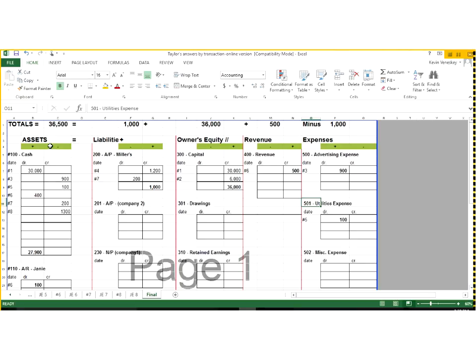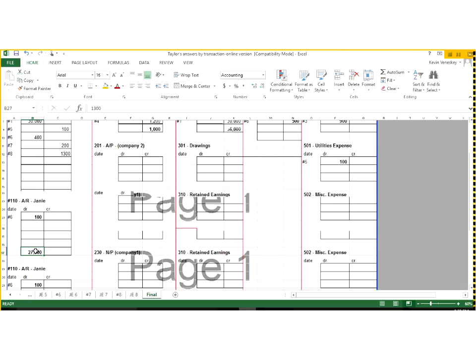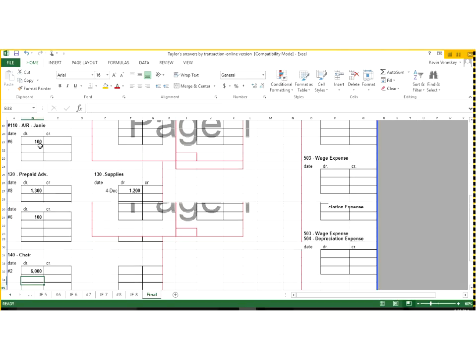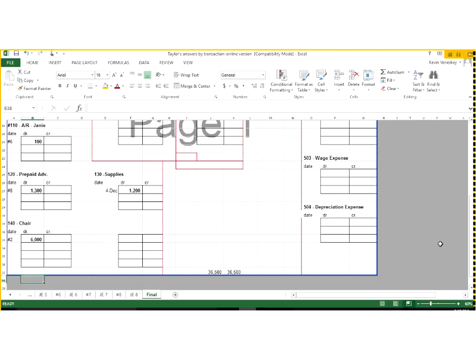The second thing that you always should do is make sure that your equation does really balance. And I'll want you to show me these 4 numbers off to the side somewhere, that they really do equal the assets. So I went through and I added up all of my assets. I took the $27,900, added in the $100 here, added the $1,300, $1,200, $6,000.